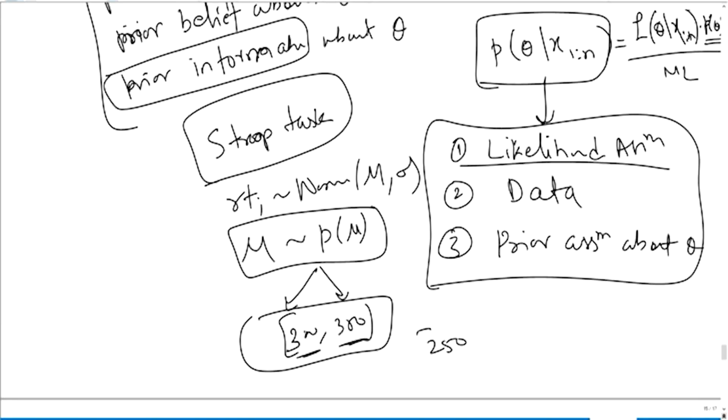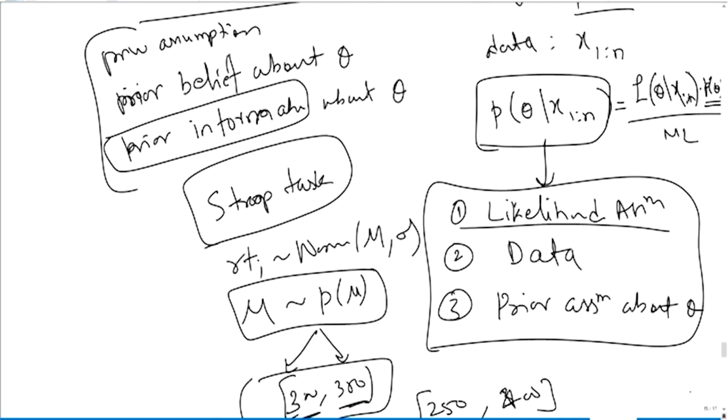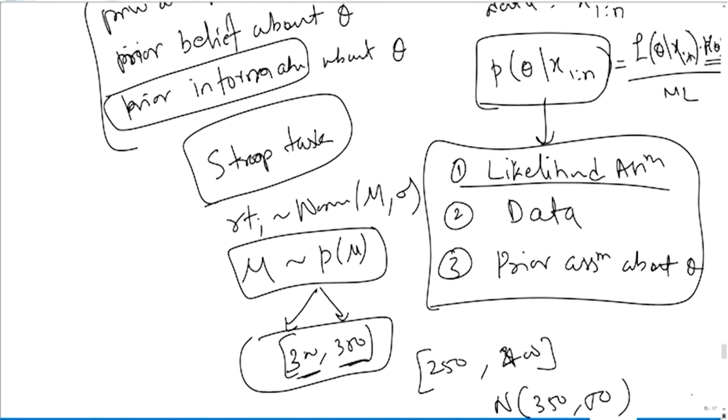So, I would say that the likely value of mu lies somewhere between, let's say, 250 and 400 milliseconds. So, then I will determine a prior accordingly, let's say normal 350, 50 something, right? So, you can do that. Now, in this case, you are using prior information as well as inserting your own assumptions or beliefs, okay, so that there is more uncertainty than this. So, this is the case of prior information.